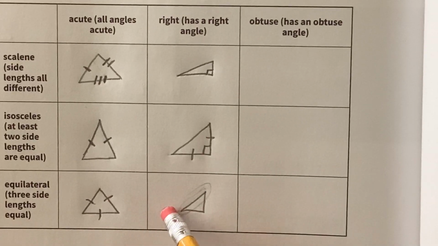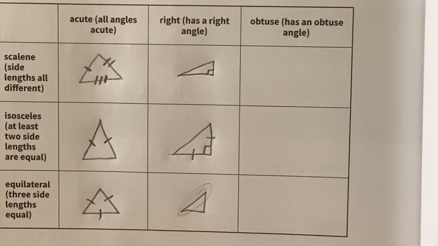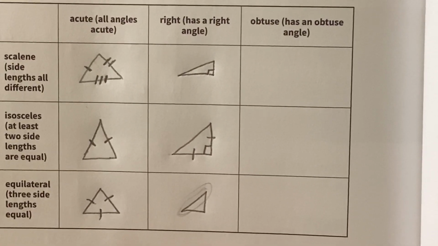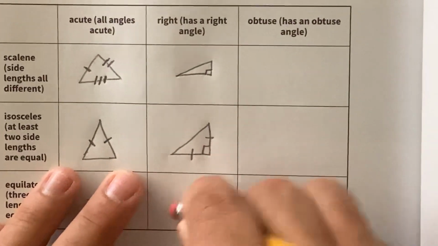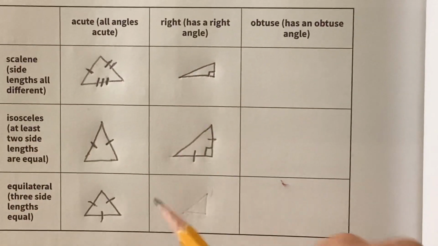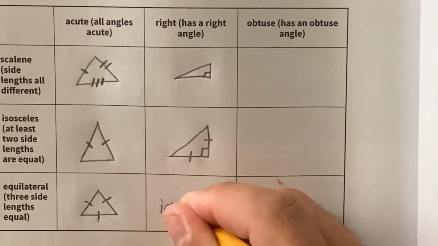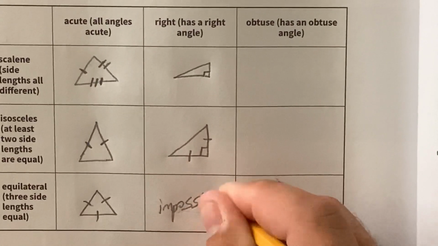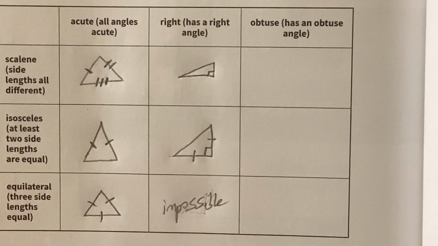It's called the hypotenuse. That's always going to be the longest side. So that is actually impossible unless all 3 angles were 90, which then would not make a triangle. So there's your first impossible. Did you have that one?